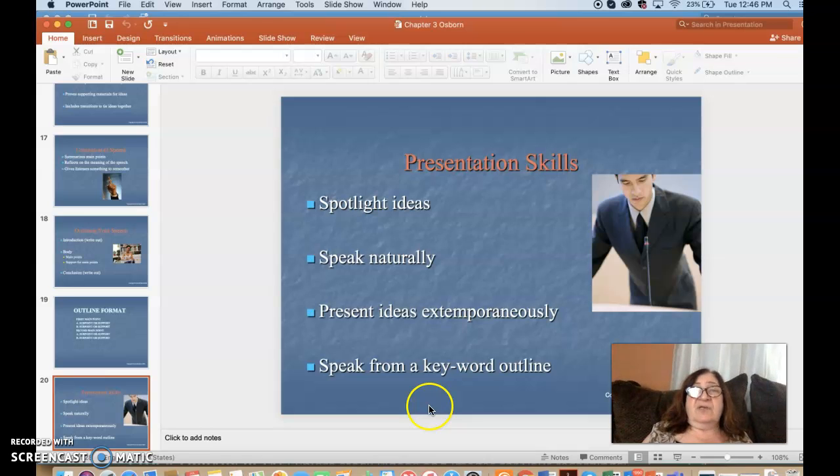That means without a script, being able to say things without looking at your paper. And if you put keywords on your outline, you should be able to speak off of those keywords. So if you're speaking in front of a microphone, if you're a radio announcer, you do not want to leave anything to chance. Especially the beginning and the end need to be written out completely.